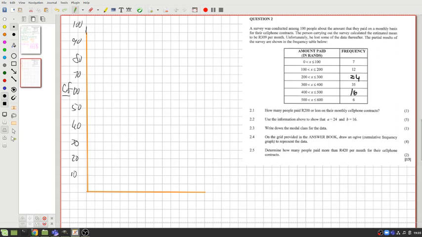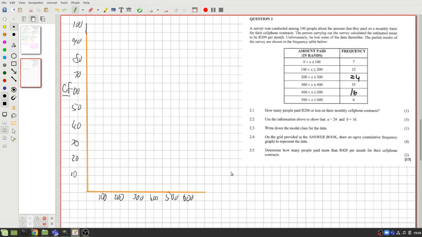Okay, let's just draw that up to the top. 100. Alright, and here we have our class interval, so we want the end point of each. So we have 100, 200, 300, 400, 500, and 600.